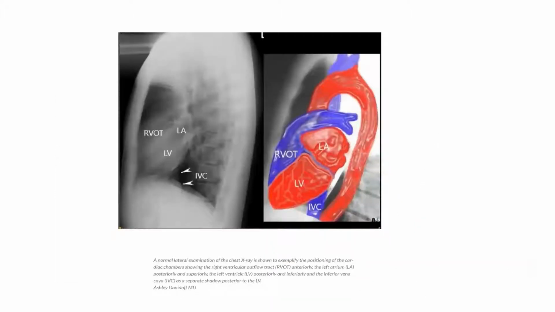So this one is here. You see, this is the right ventricle, precisely the RVOT, the left ventricle, and the left atrium. And here is the IVC.